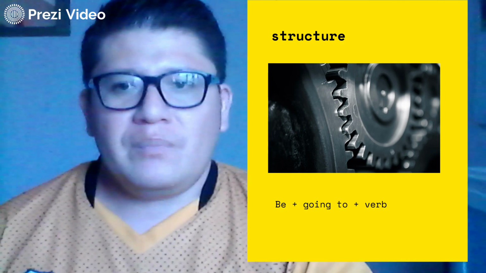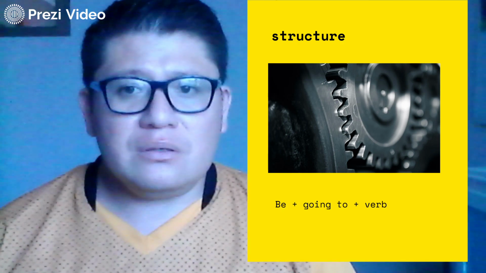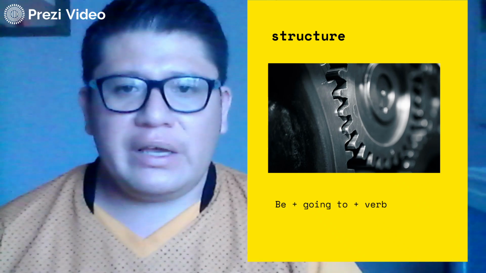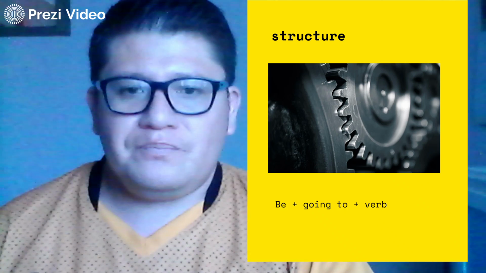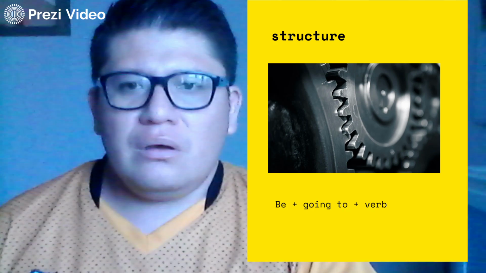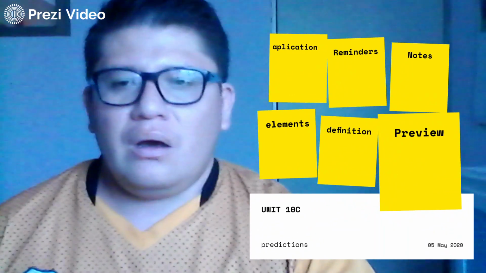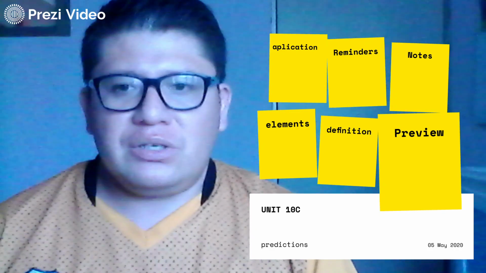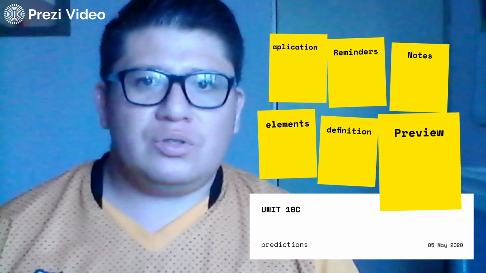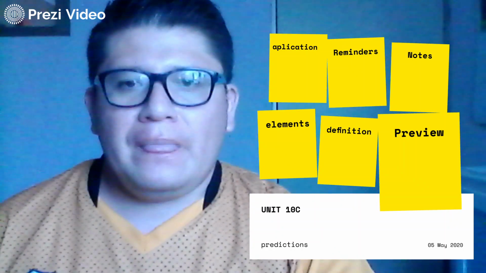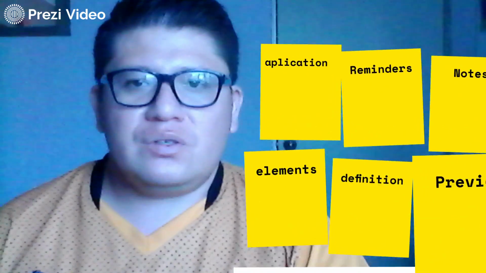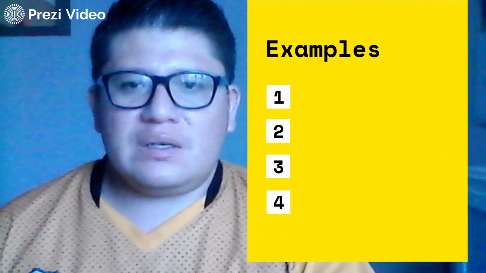This is not difficult because we are going to use the same structure. So we are going to move to the application of this structure to predict things. Let's see these examples.